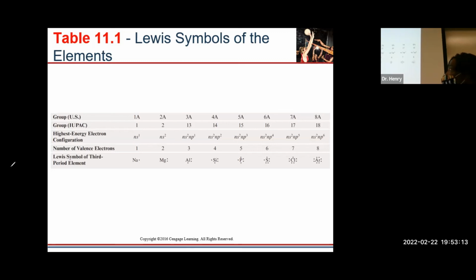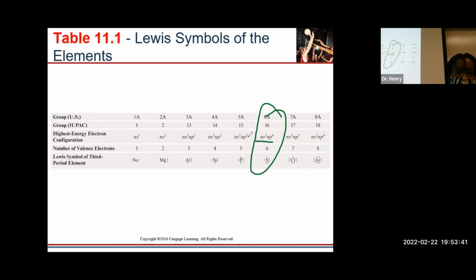Group 16. So group 16, the highest energy electron configuration. That's your answer. It's going to have 2 in the s orbital. Regardless of what period it's in, you're always going to have 2 in the s orbital, and you're going to have 4 in the p, right?